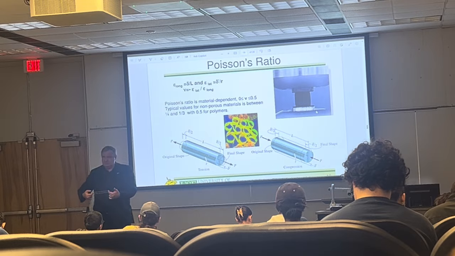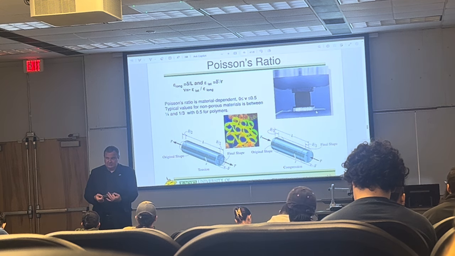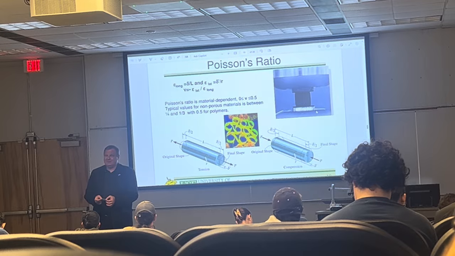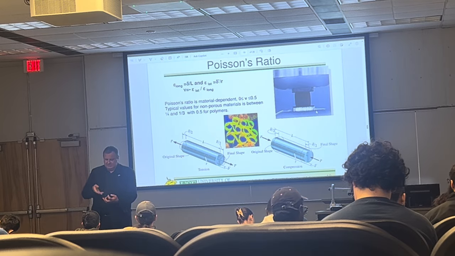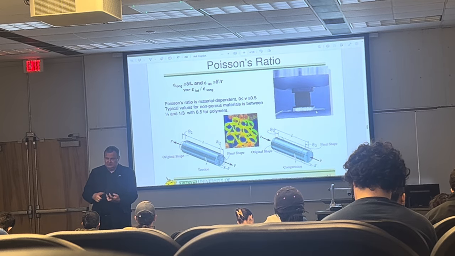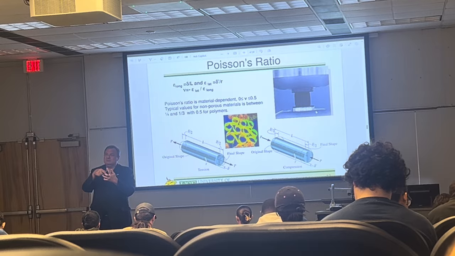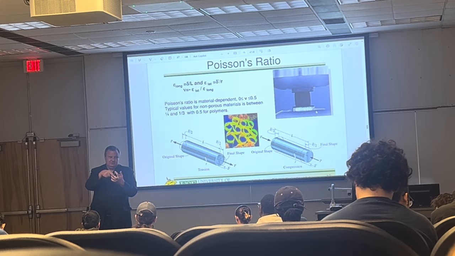We put this in tension, so this piece of rubber elongates. But the lateral dimensions change, and it shrinks. So by definition, it's the lateral strain, strain in this direction, divided by the strain in this direction. And if I'm applying tension here, this becomes longer, but in this direction it becomes thinner. Is this a plus? Okay, what about this direction?